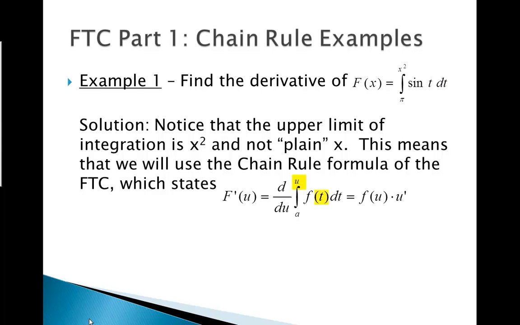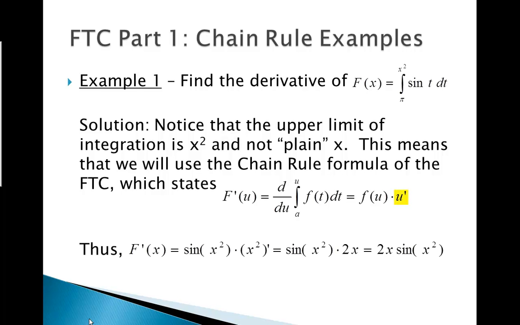And remember, that says that you still replace t with the upper limit, but you also have to multiply by the derivative of whatever the upper limit is. So we'll replace t with x squared and have sine of x squared, but then we also have to multiply by the derivative of x squared. The derivative of x squared is 2x, and so our final answer for the derivative turns out to be 2x times sine of x squared.